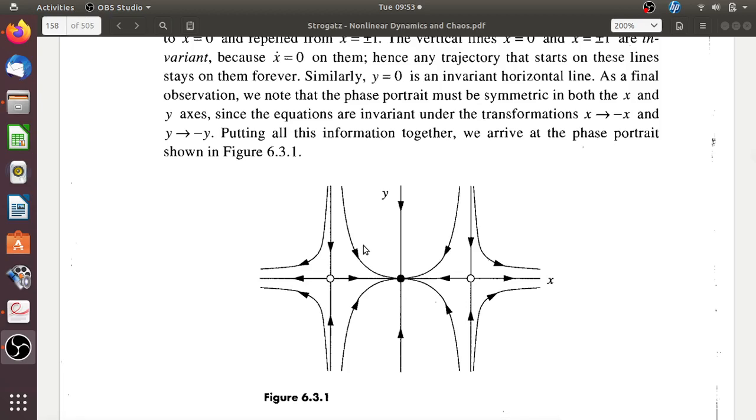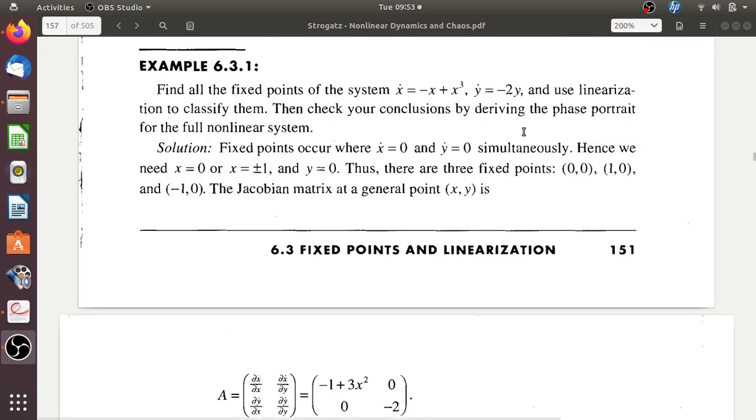The other thing is, if you see this equation, y dot is equal to minus 2y.